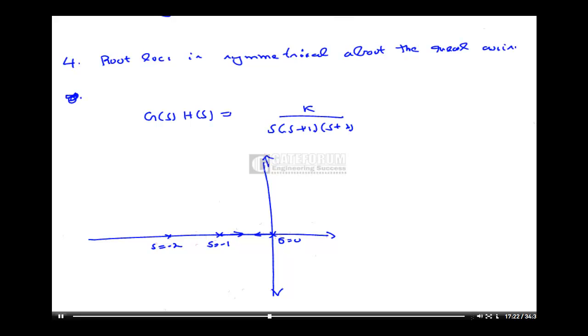These two poles will approach each other, and at some point they will collide and then break off. This pole will move and go towards infinity, starting at k equal to 0. Since it is symmetrical, the roots at this point and this point occur in a complex conjugate pair, so that's why it is symmetrical about the real axis.